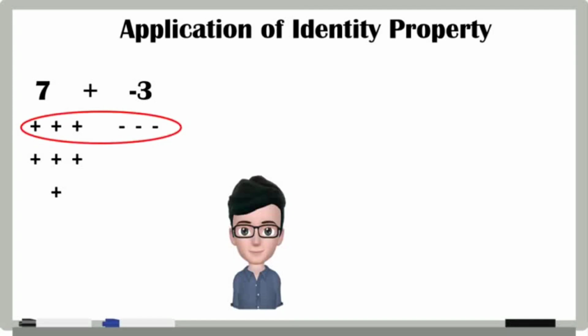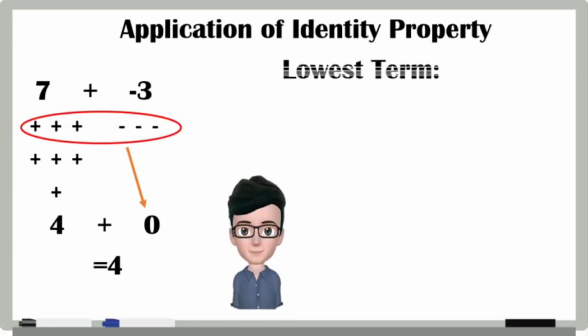Ano yun? Yung positive 3 and negative 3. Therefore, 7 plus negative 3 is just like 4 plus 0 because we have the zero pairs. So the zero pair will become 0. The answer will be 4.